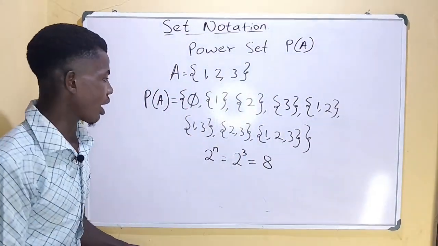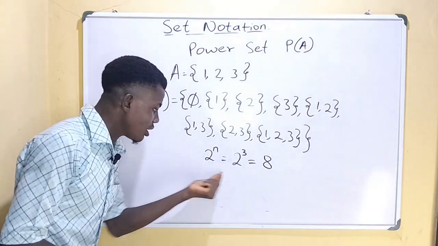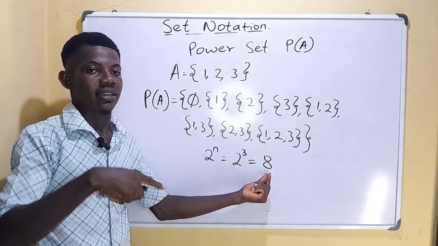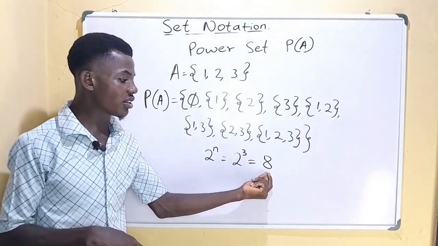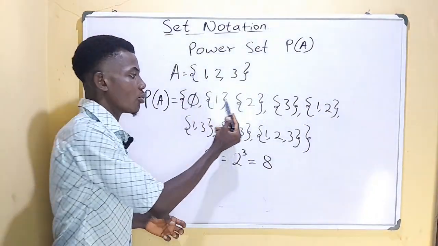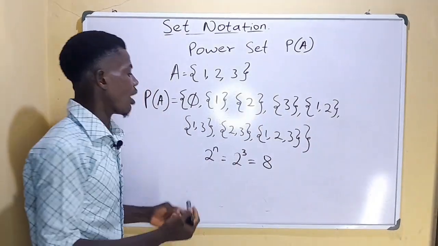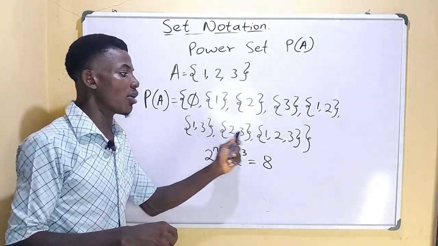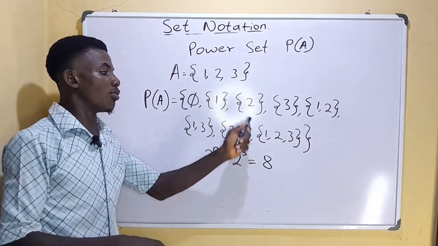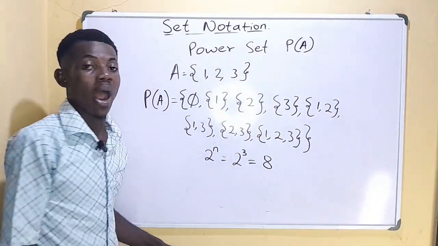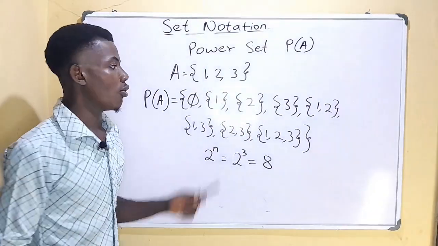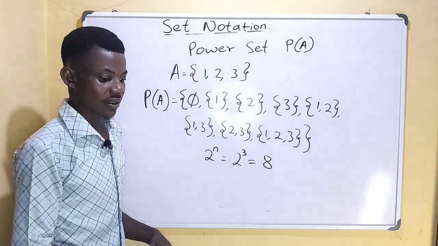So you can see that this is the formula we can use to find the number of subsets a set has. When you have this number, it is easy to check your list. If any is missing, you can easily go back and check the one you skipped. So this is all for power set.